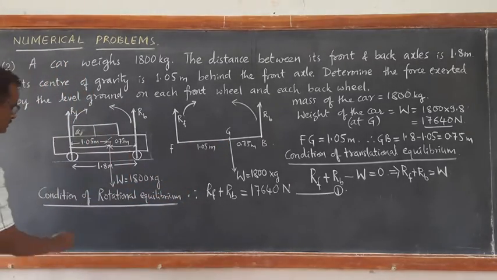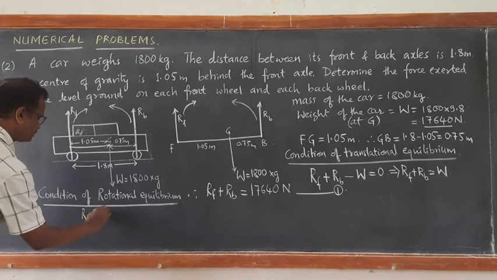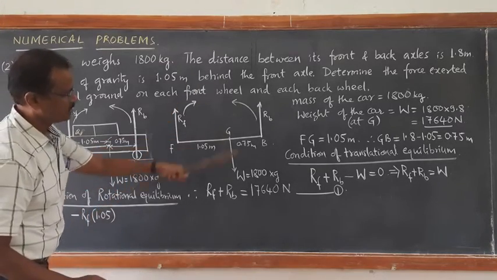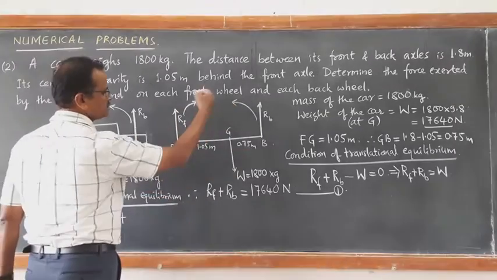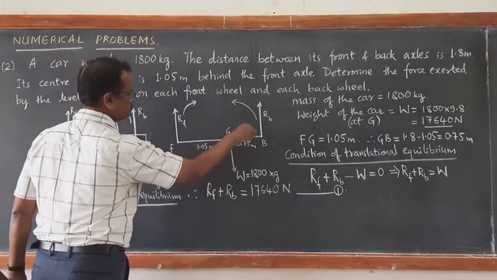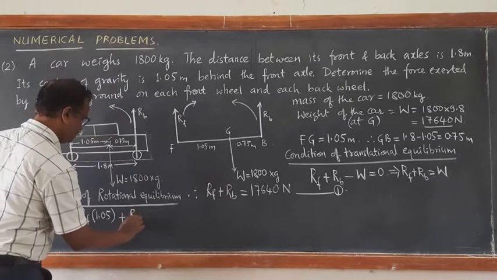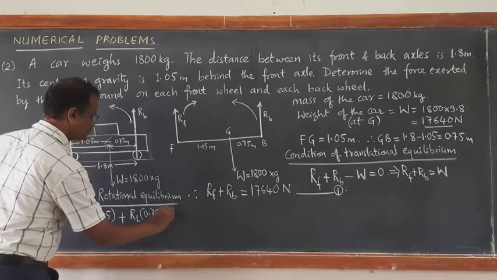So I will write RF into 1.05 minus, because it is clockwise, plus this should be taken positive because it is anti-clockwise, right? So anti-clockwise, that is RB into 0.75, must be equal to 0.